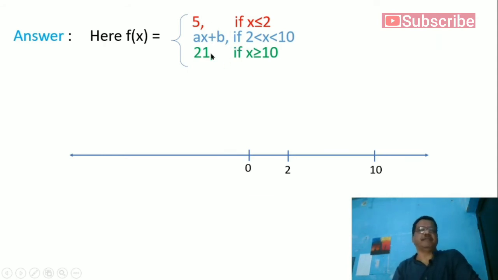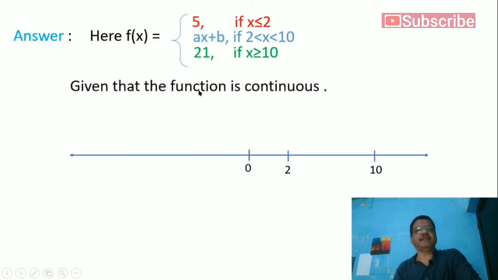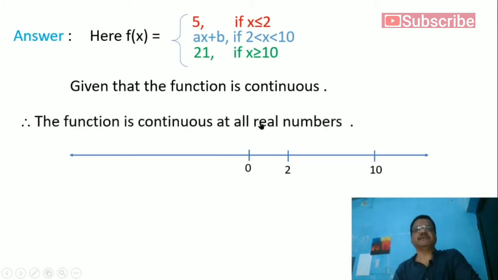Okay, now given that the function is continuous, this is our main information, and then the function is continuous at all real numbers. That's also given. Function is continuous means it is continuous in the domain. The function is defined for all real numbers, so it is continuous at all real numbers, isn't it?